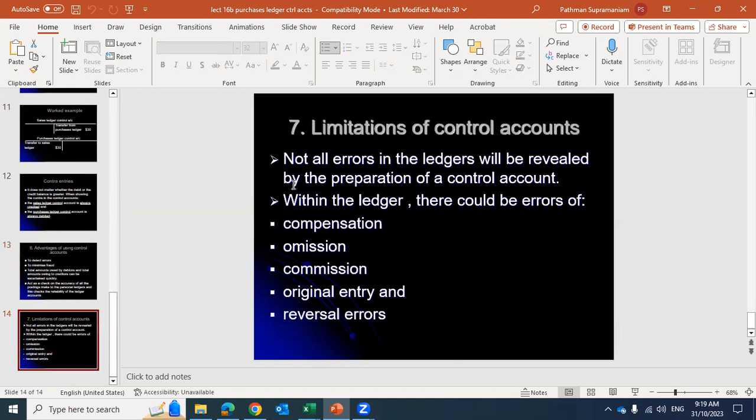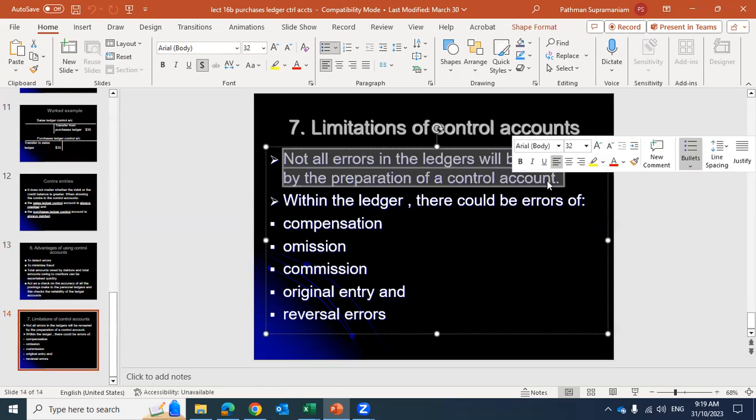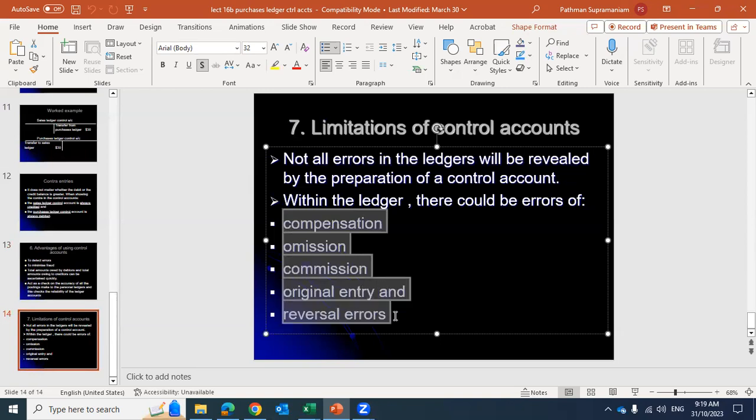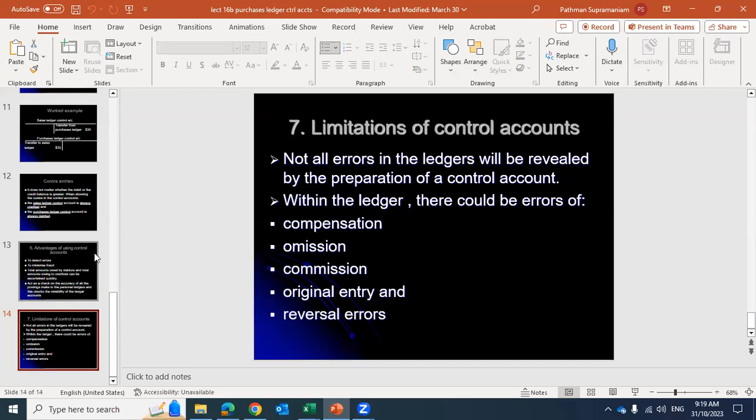However, control accounts have limitations, so not all errors can be revealed by merely preparing a control account. These kinds of errors may not be revealed because they can happen within the ledger account: error of compensation, error of omission, error of commission, error of original entry, and reversal errors. That's all for this lecture.